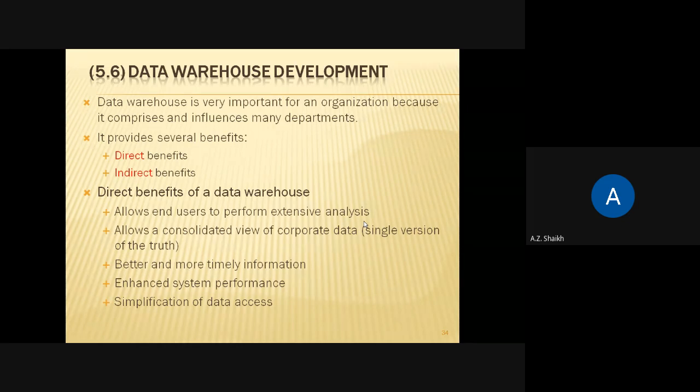In this manual business they faced many problems in stock chain management, and because of improper management they had unhappy customers. At that time they decided to use a decision support system and business intelligence. Whenever you use a decision support system or business intelligence, the data warehouse is a very important component for your organization.